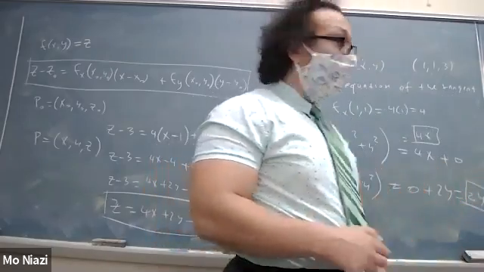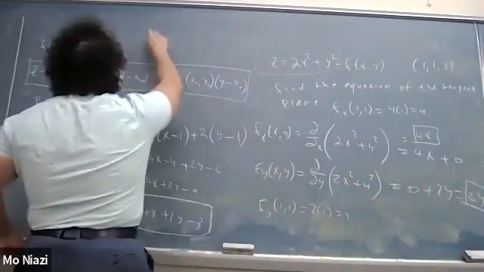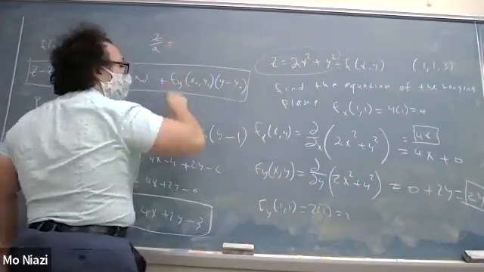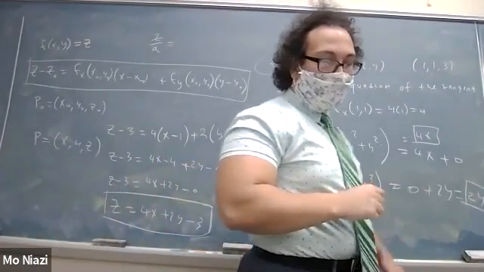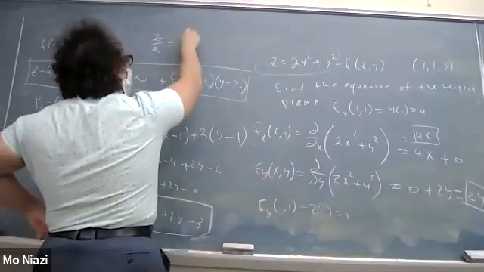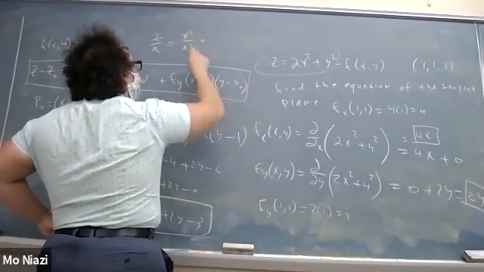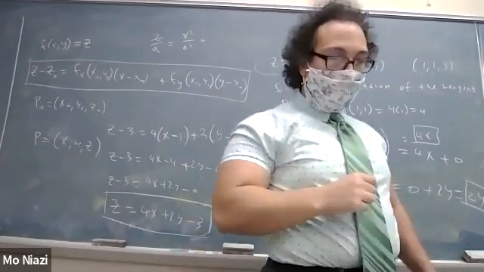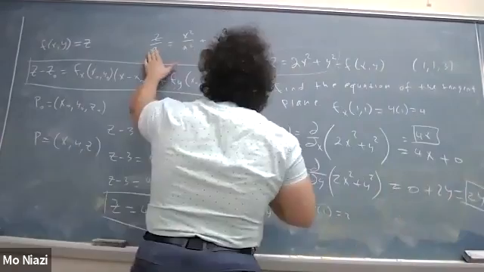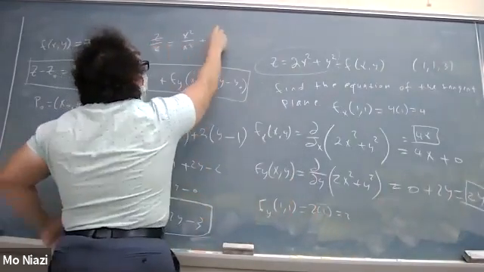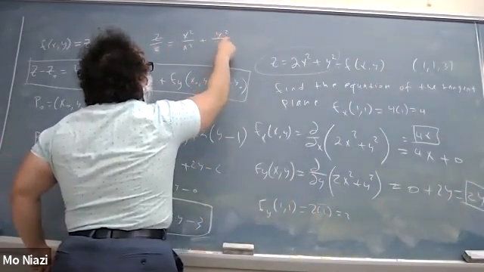The standard equation for an elliptic paraboloid is z over some constant c is equal to x squared over a squared plus, this should say c. This should say c. And this is y squared over b squared.